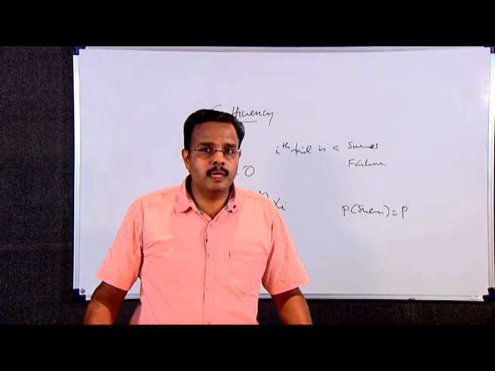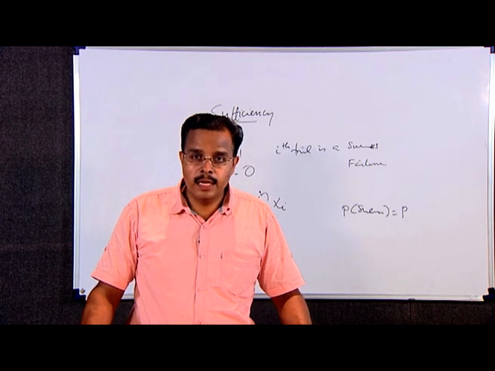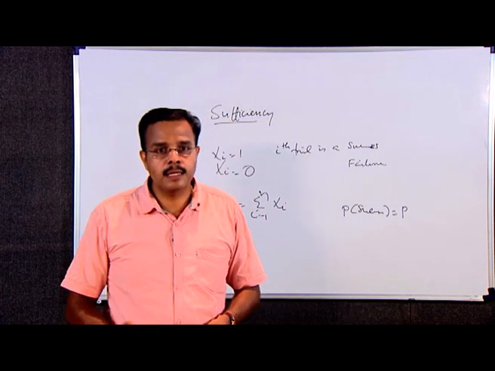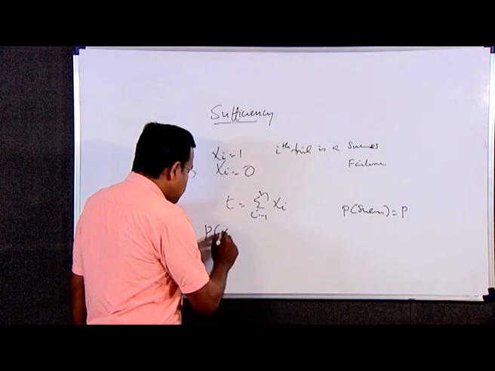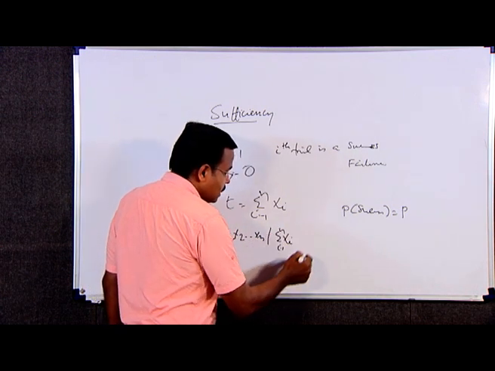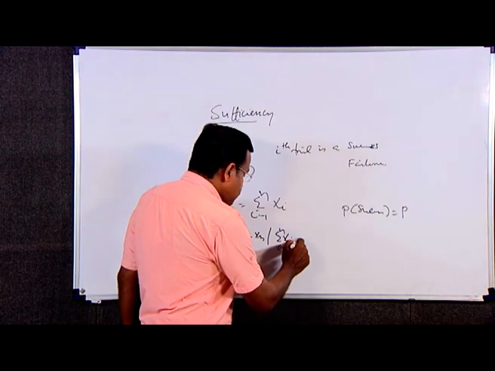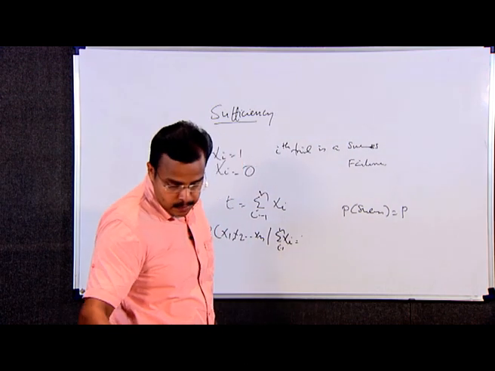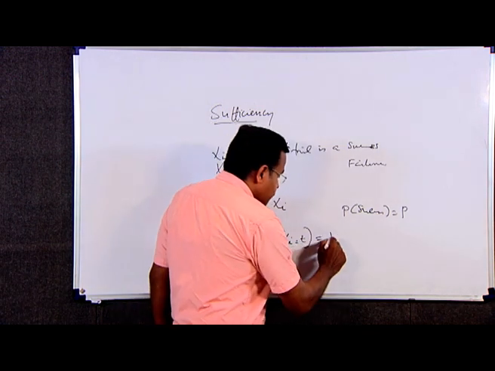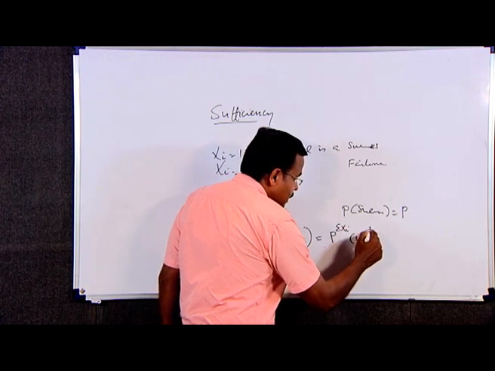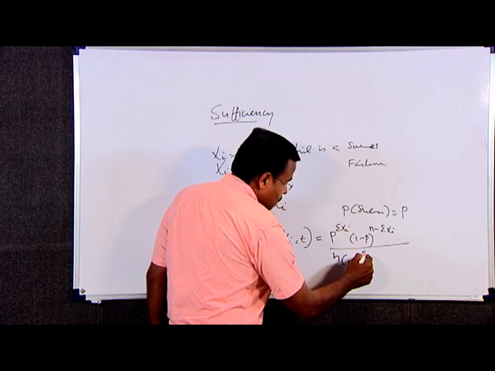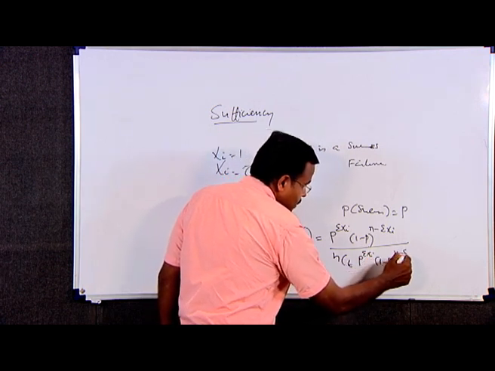Hence, the conditional probability of x1, x2, etc. xn given summation i from 1 to n xi will be independent of the parameter P. That is, the probability of x1, x2, etc. xn given summation xi equal to T is P raised to sigma xi into 1 minus P raised to n minus sigma xi, divided by n C t into P raised to sigma xi into 1 minus P all raised to n minus sigma xi.